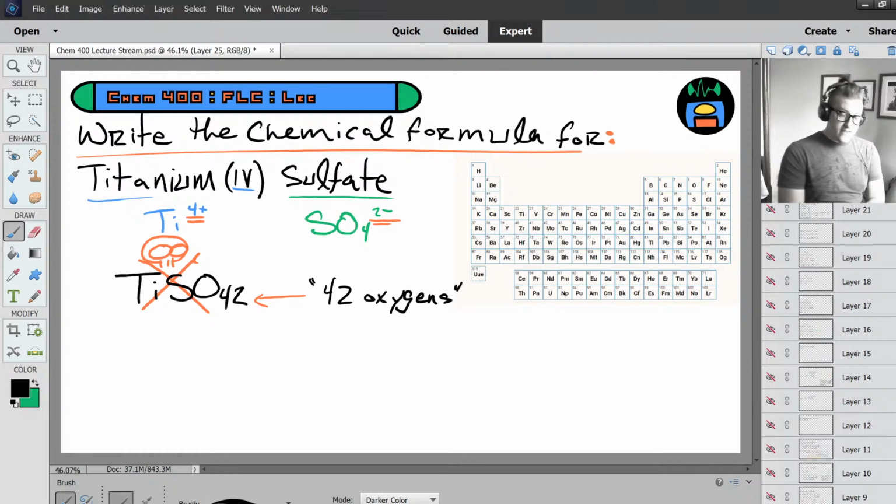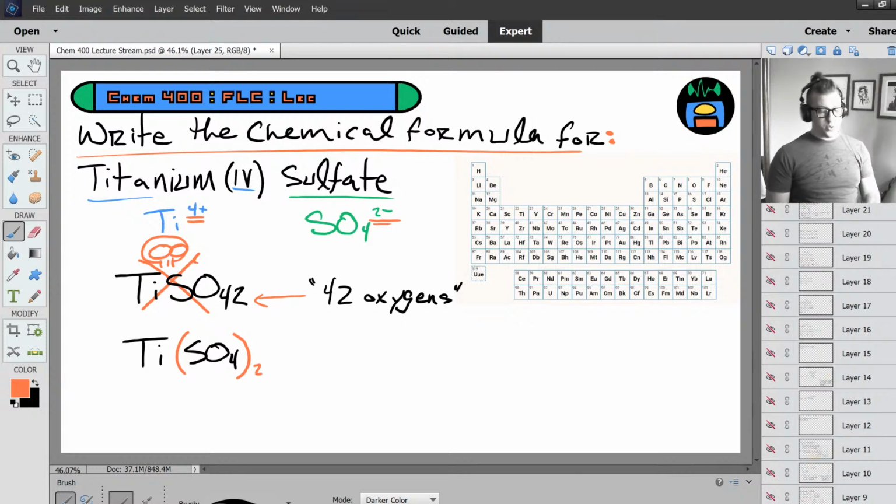I have no idea what compound has 42 oxygens, but I guarantee you it's not titanium 4 sulfate. Anytime you have multiple polyatomic ions, to show that, you need to place your polyatomic ion within parentheses. So you open a parentheses, write SO4, close parentheses, and then subscript it appropriately.